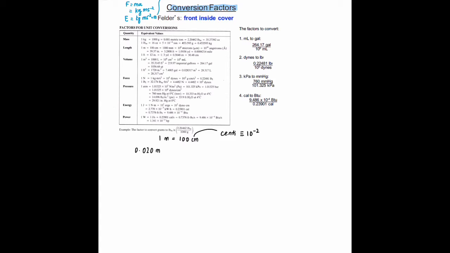So if I wanted to say 1 cm, it would give me 10 to the power of negative 2 m. So if I want to convert this to centimeters, I would have to apply a conversion factor.